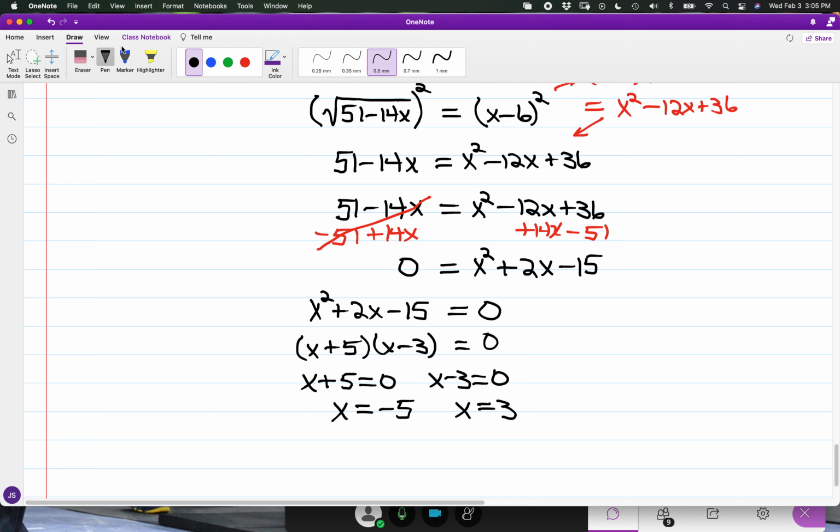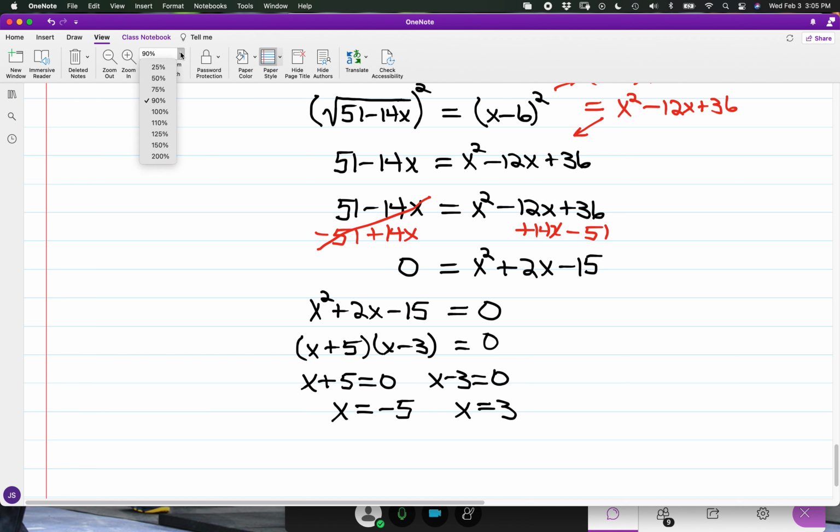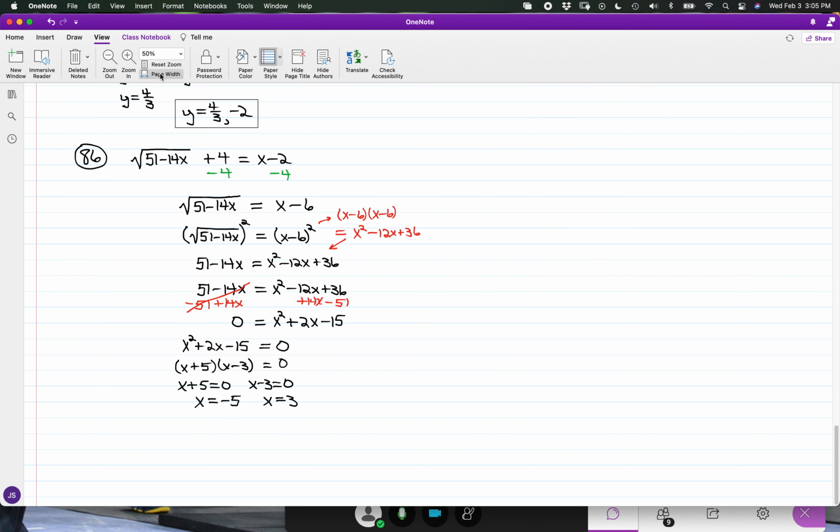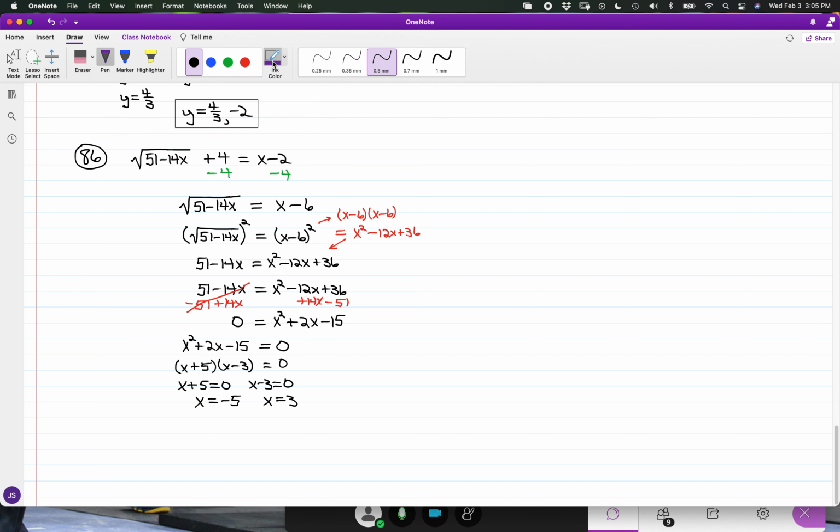And now, it might be that both are going to be solutions, or it might be that one is going to be a solution, or it might be that neither one will be a solution. So if I check the values for x that are proposed, so if I go and check x equal to negative 5, now plug in negative 5 into x.